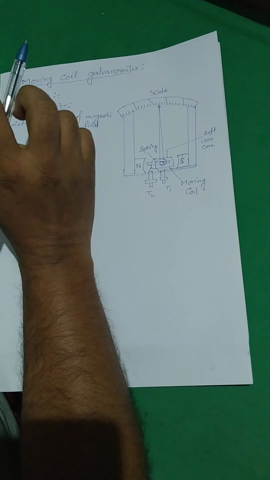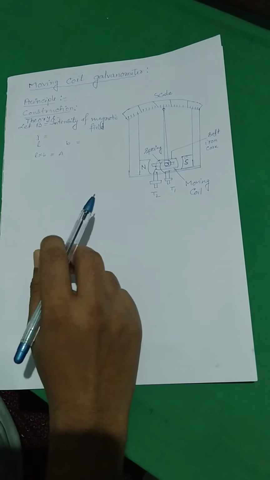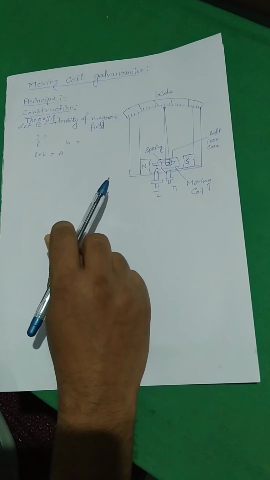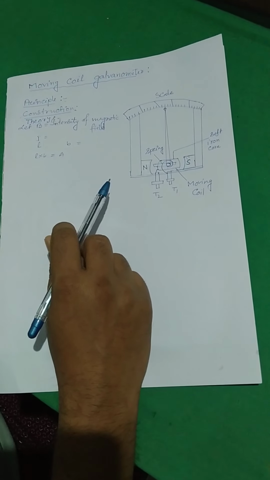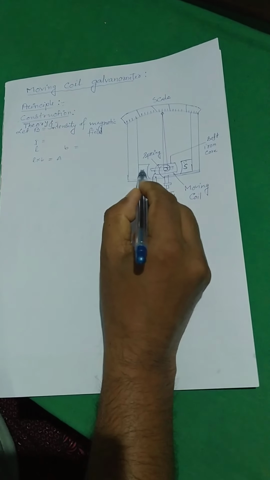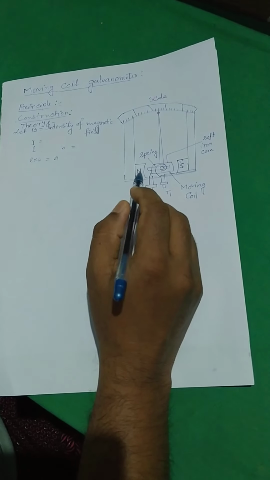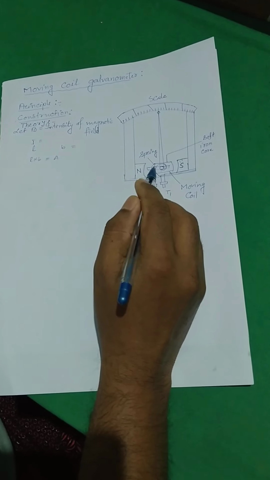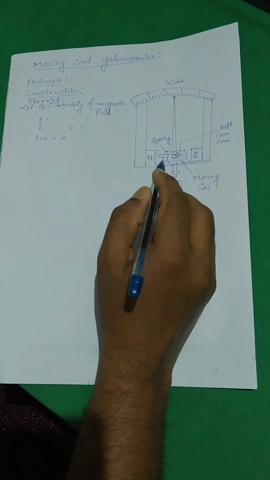Now, construction. It consists of a coil wound on a non-metallic frame. The coil is suspended between two poles of a permanent magnet which are cylindrical in shape. The coil is suspended by a hair-like spiral spring which acts as a path for the current to the coil.